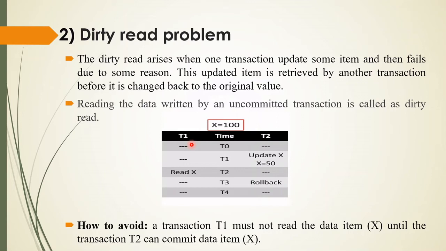Here T2 updated some value and before it went into the committed state, T1 read this data, and due to some problem T2 was rolled back and aborted. T1 read the data from an uncommitted transaction, which is the dirty read problem.